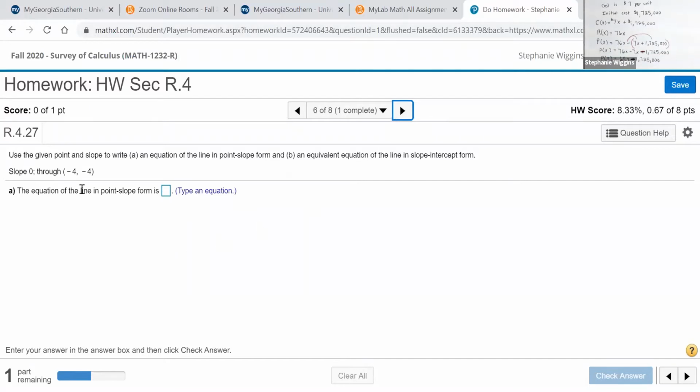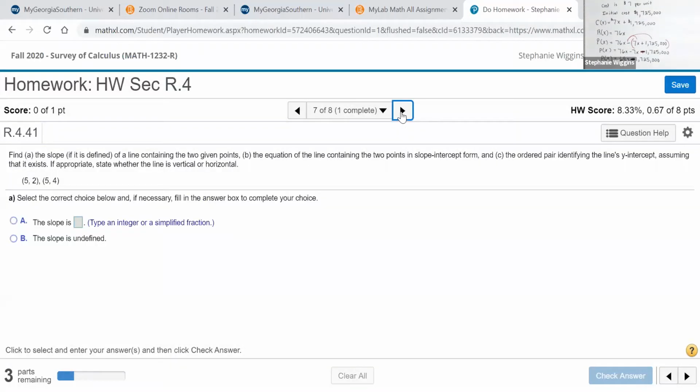Here it wants you to find the point slope equation. Oh no, I'm sorry, point slope first and then slope intercept. So you're going to use that point slope form, plug in your information, and then solve for y to get it in slope intercept form. So I did an example like that in class. So you'll have that in your notes to do that problem.